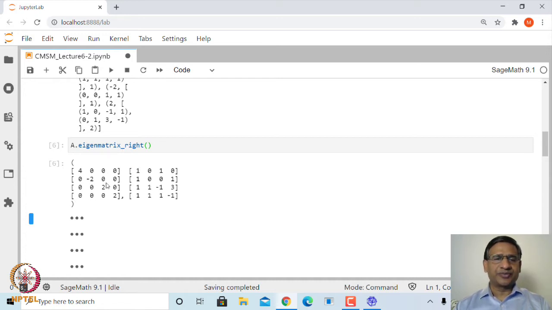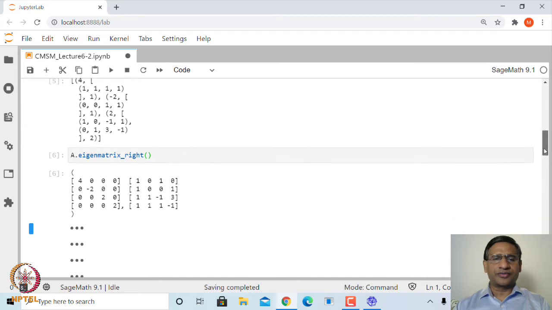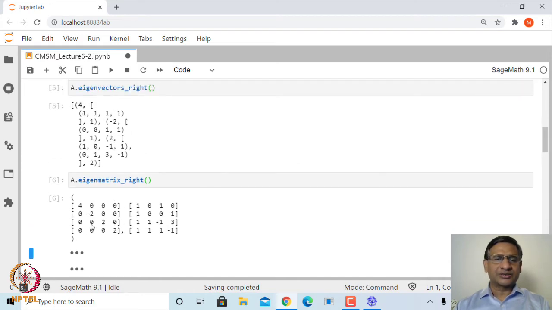The first matrix is nothing but the diagonal matrix with the eigenvalues as diagonal entries, so 4, minus 2, 2 and 2, these are the 4 eigenvalues. The second one is nothing but the matrix whose columns are the eigenvectors corresponding to the eigenvalues.